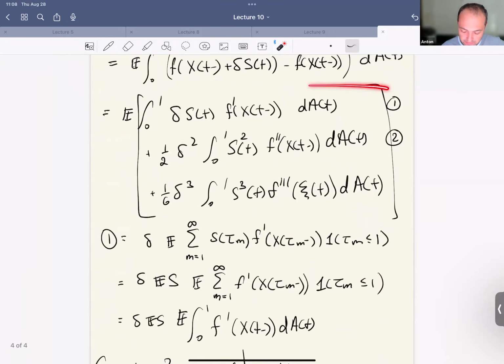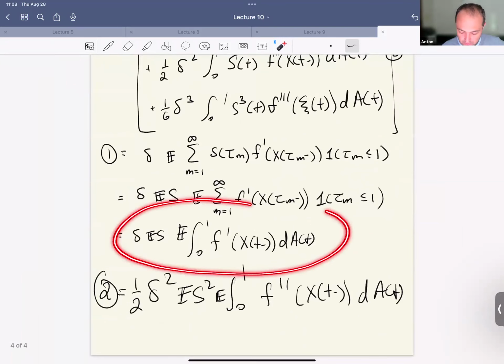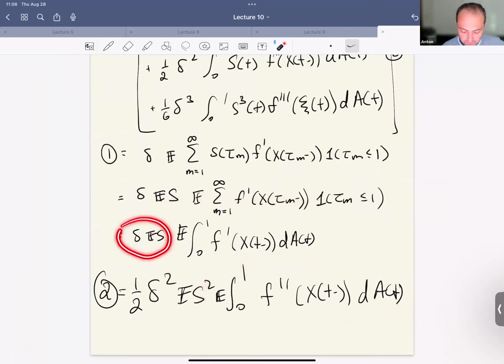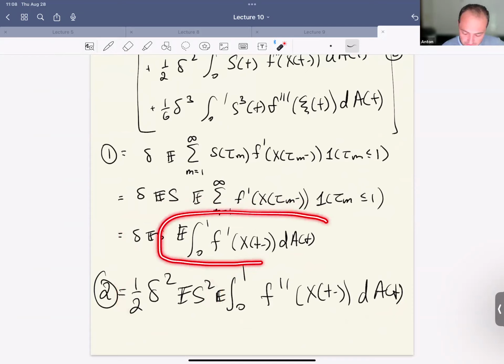We've simplified 1 and 2. Now 1 and 2 look very similar, right? They have some term involving the first and second moment of the service time, and they have this expectation or this integral term with respect to the jumps.